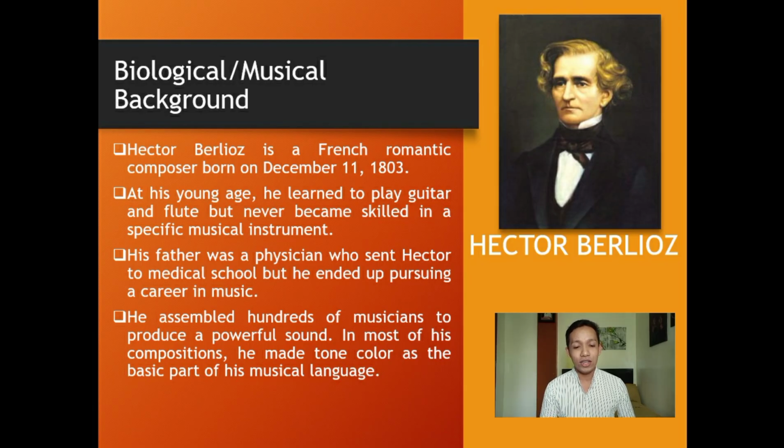His father was a physician who sent Hector to medical school, but he ended up pursuing a career in music. He assembled hundreds of musicians to produce a powerful sound. In most of his compositions, he made tone color the basic part of his musical language. Tone color also refers to one of the elements of music, which is timbre.